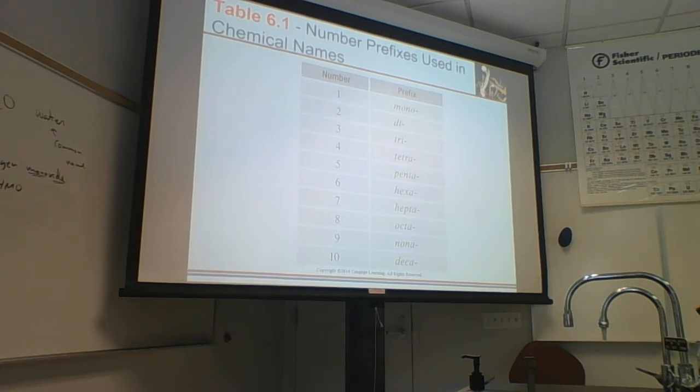Some of these aren't that common, like mono, di, tri, tetra. Those are very common. Penta. Nona is pretty rare. Don't really use it that much. Don't see that many compounds with nona.